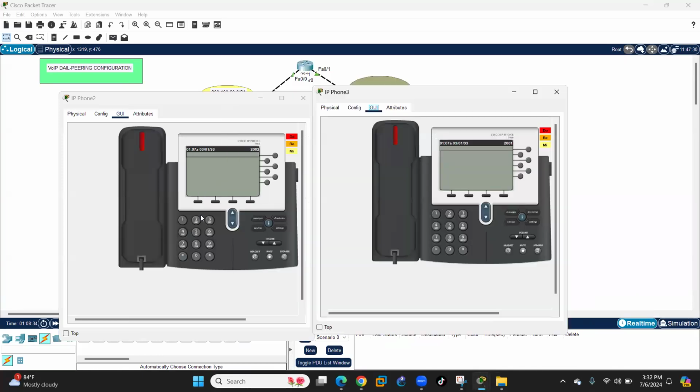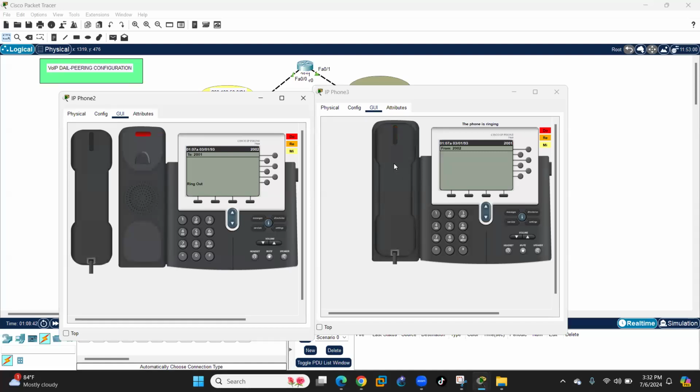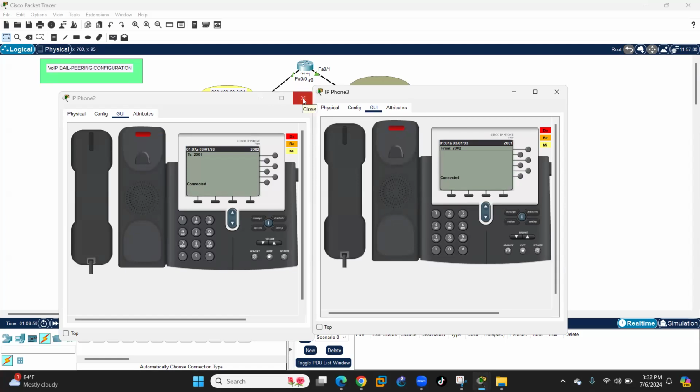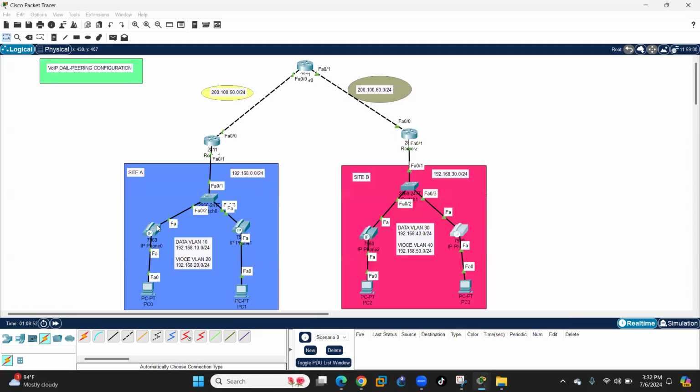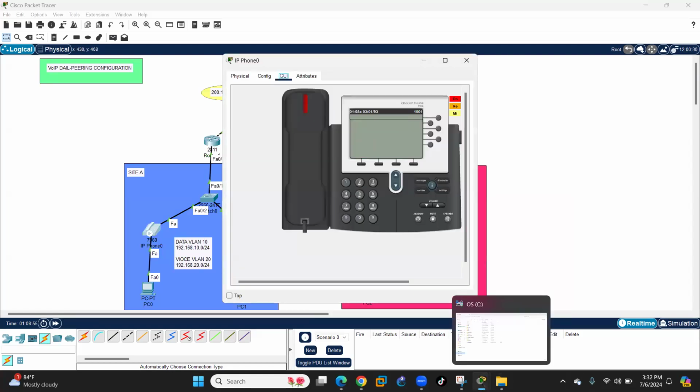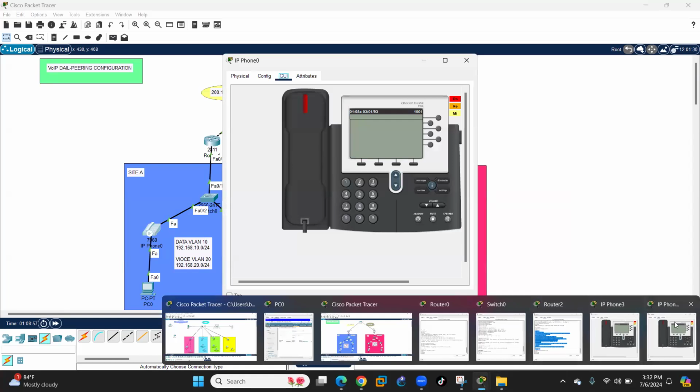So let me try 201 from here. You can see it's connected. So now let me try the other sites.